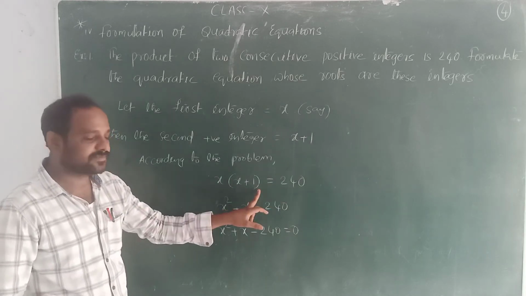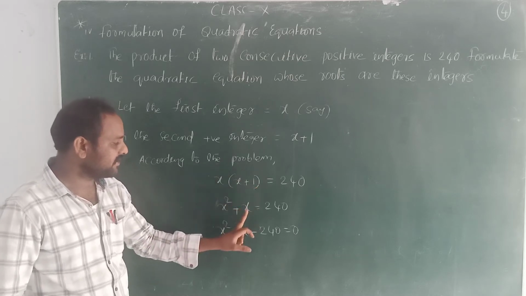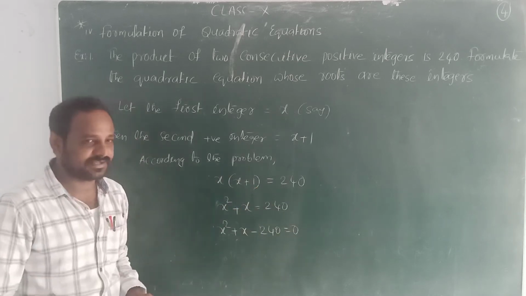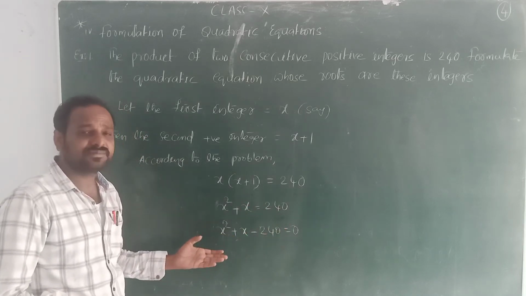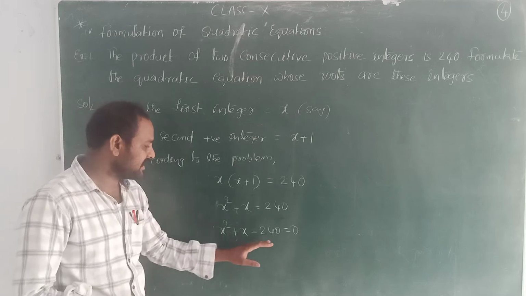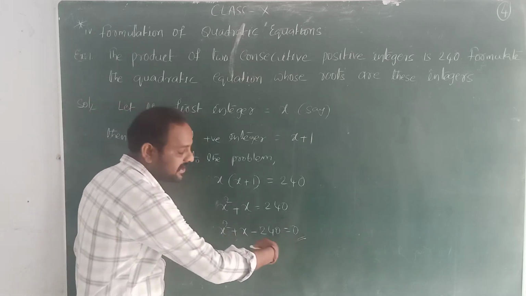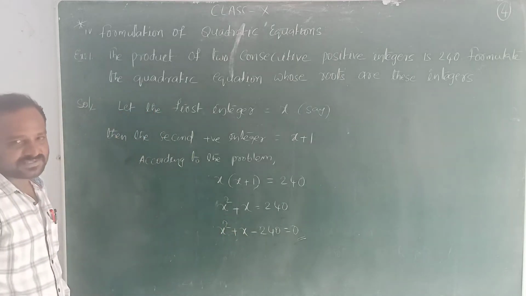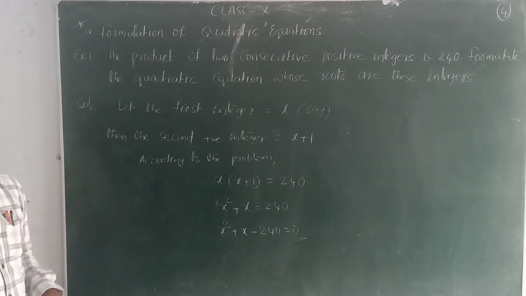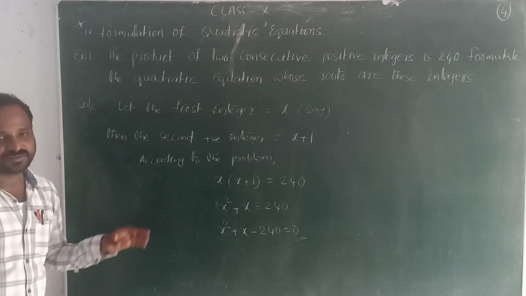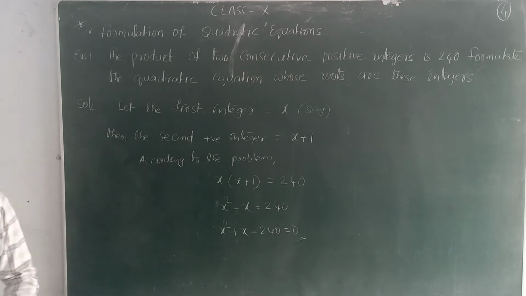That gives x square plus x equals 240. By transposing 240 from RHS to LHS, it becomes minus 240, so x square plus x minus 240 is equal to 0. This is the required quadratic equation. This is the process of formulating a quadratic equation. Based on this, we can do another example.